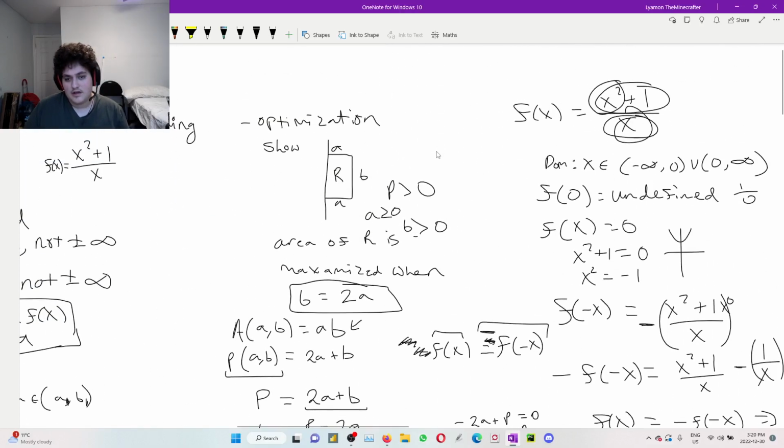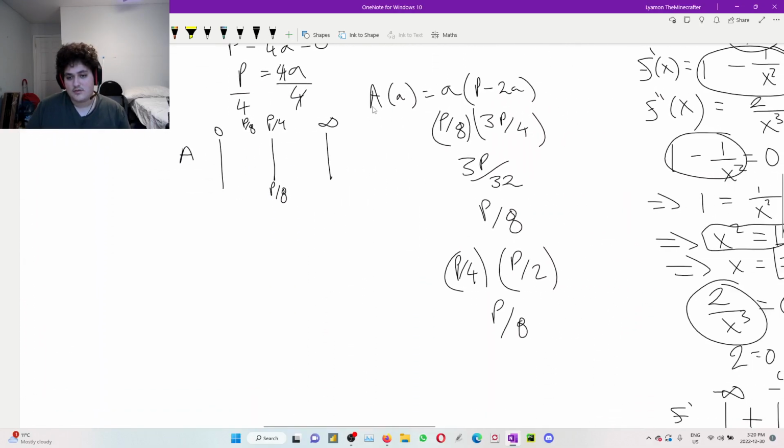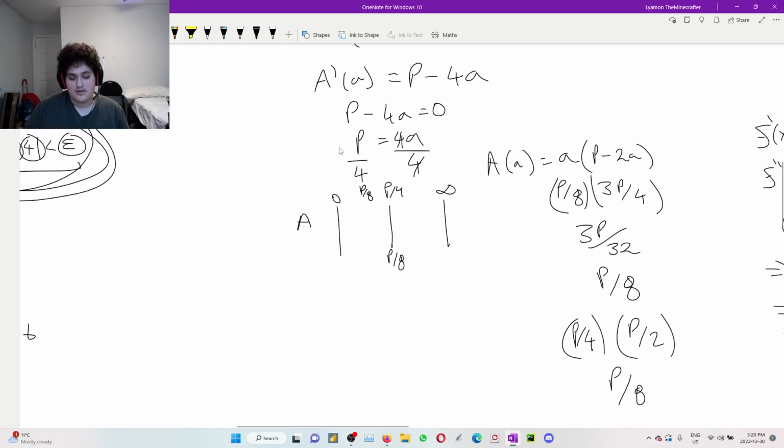Then in that case we wouldn't even have to do a chart. We could just check the end point. Well, there's no end points. Sorry, never mind. We have to do a chart.